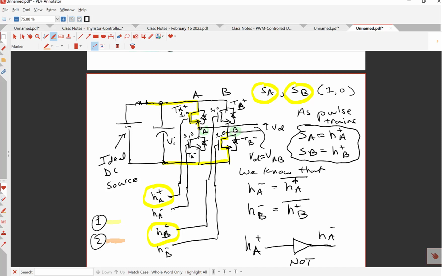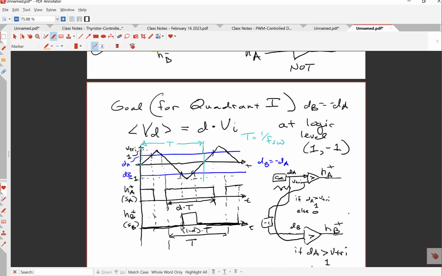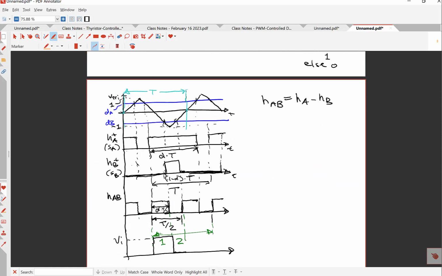A is on, but now we've turned B on. If B is on, TB plus is on, TB minus must be off. So then 0 volts gets applied from A to B. Which is what I started to draw here.